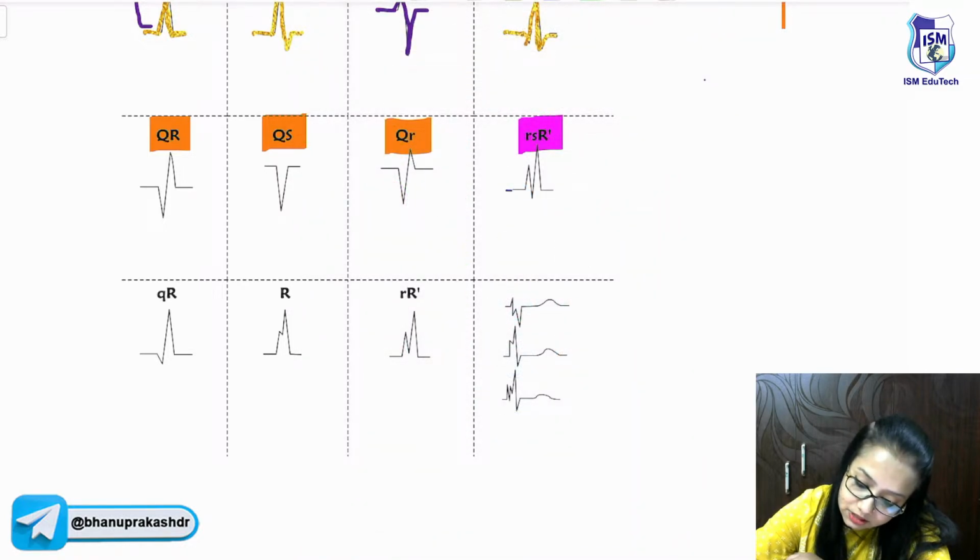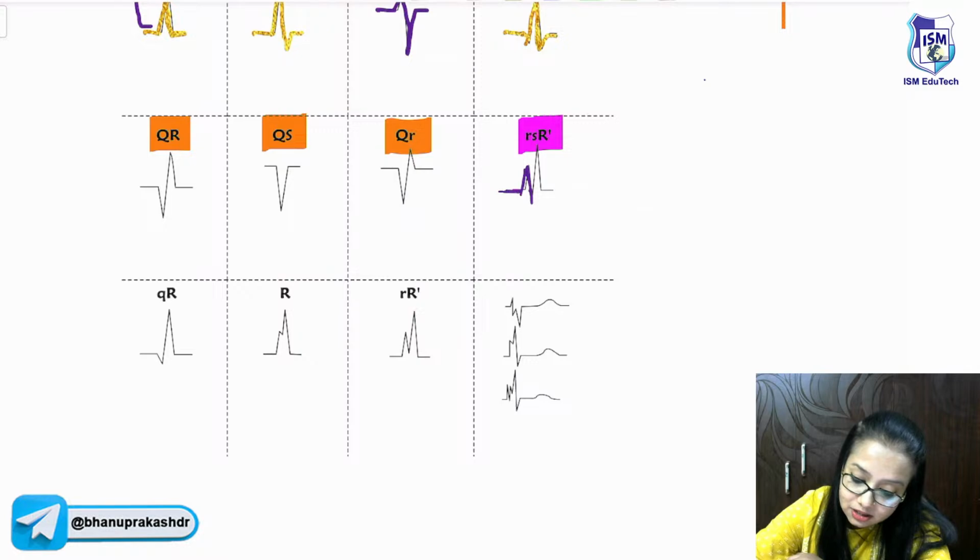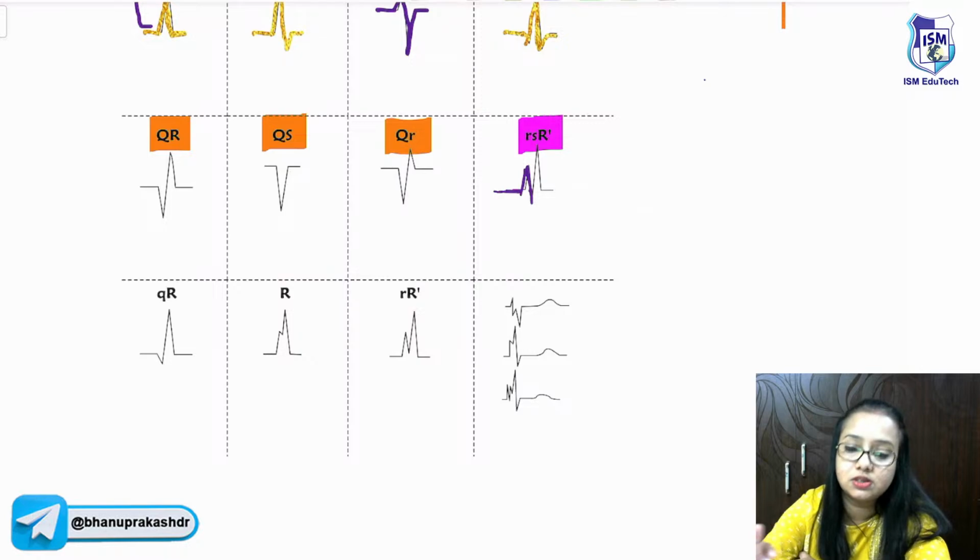After the P wave you see a small positive deflection, that is obviously the R wave. Now after the R wave you see a negative deflection that has gone below the isoelectric line. So this is obviously the S wave. Only the S wave goes below the isoelectric line.